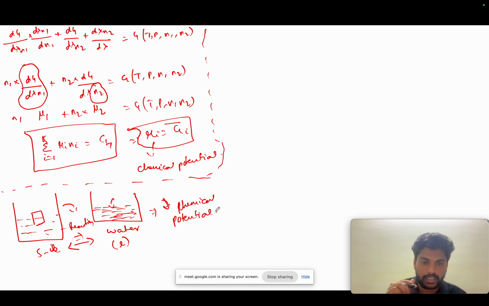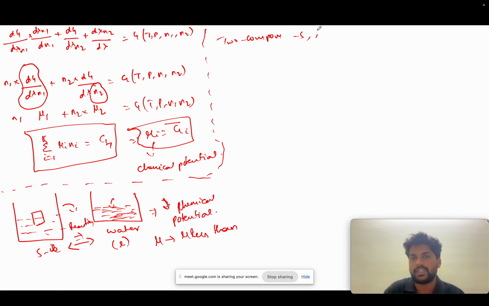First I will make a statement, then I will try to prove it from the equations which you know. Mu will always go from higher to lower. When you take two components, one solid and one liquid, they have mu solid and mu liquid.